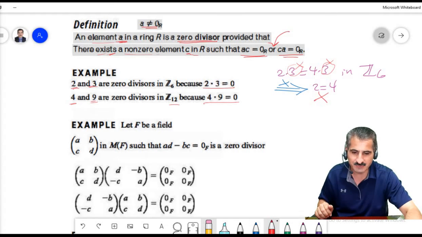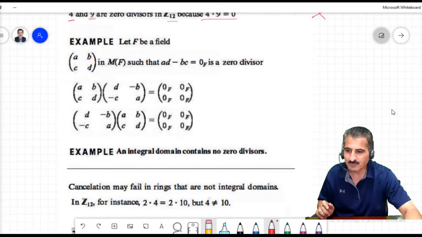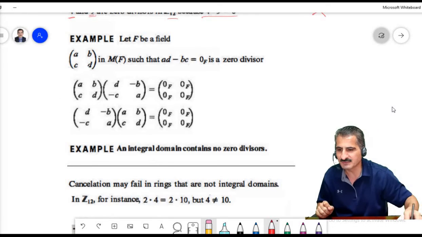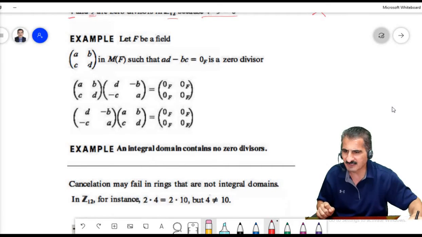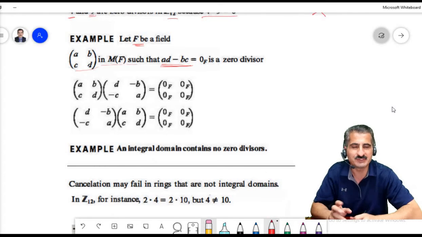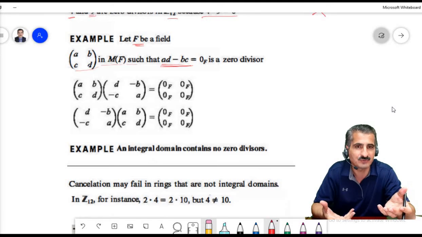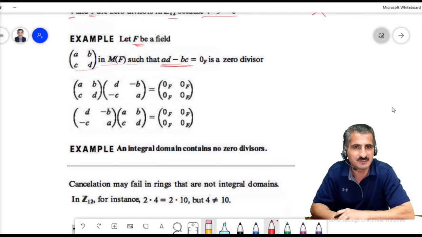So let's go for this example and see what it says. We have two matrices. Let F be a field. You can easily find 2 by 2 matrices with real entries that you multiply and then you get 0, and none of these matrices is 0, right?